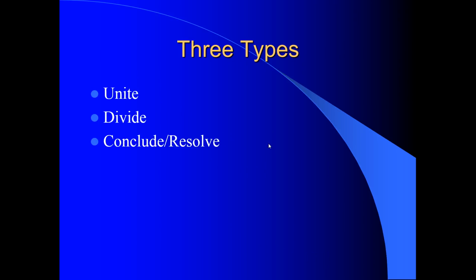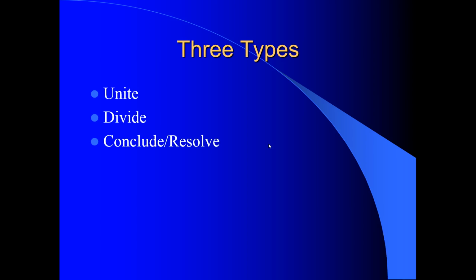Okay, now in this lecture and the next, when I speak to you about transitions, I want you to think of them as being part of one of three categories.